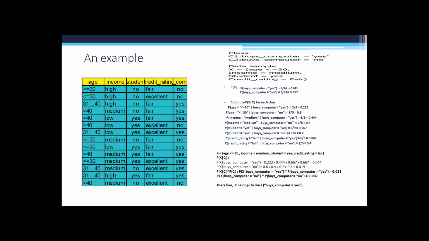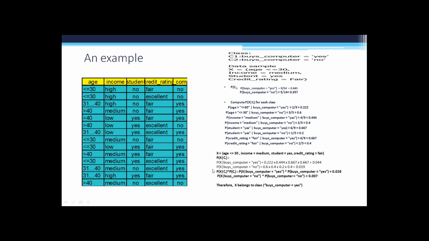You have to multiply the individual features, which is the conditional probability of age, of income, of student, and of credit rating, with the corresponding values, which is 0.222 for all the yeses. You take 0.222 times 0.444, 0.667, 0.667.